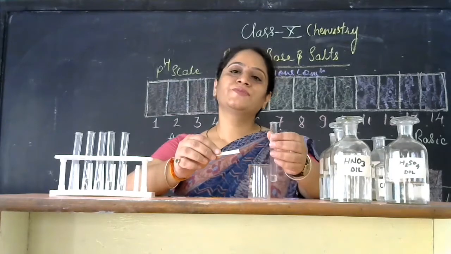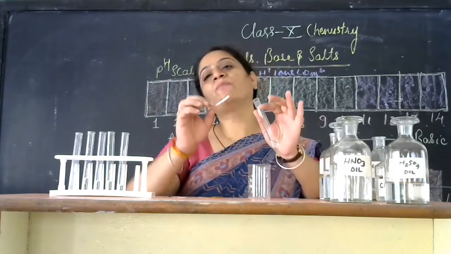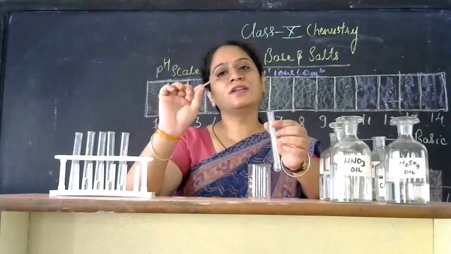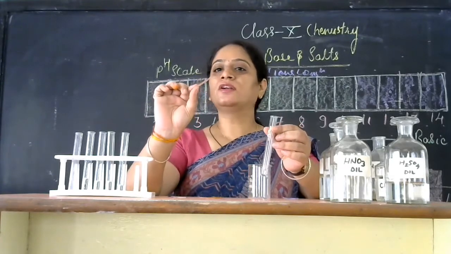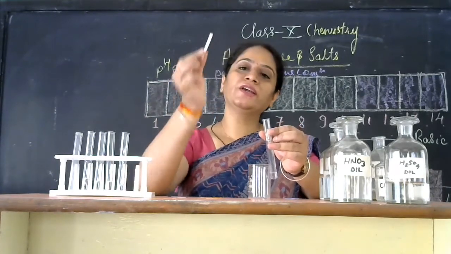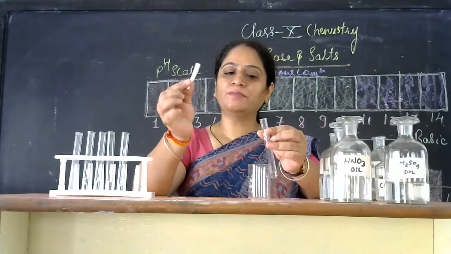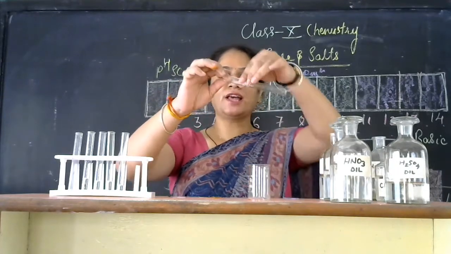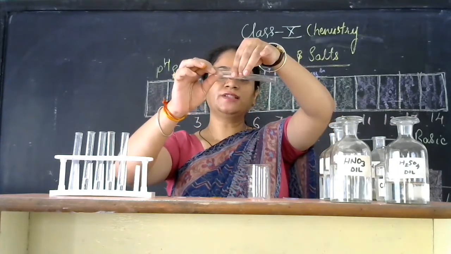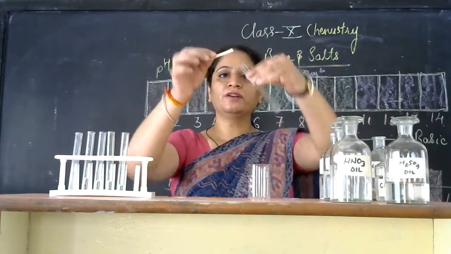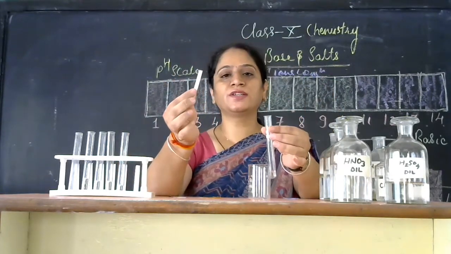For acids, first we will discuss the simple litmus solution test. I am taking red litmus and putting it inside an acid. Is there any change? No, the change doesn't come out.